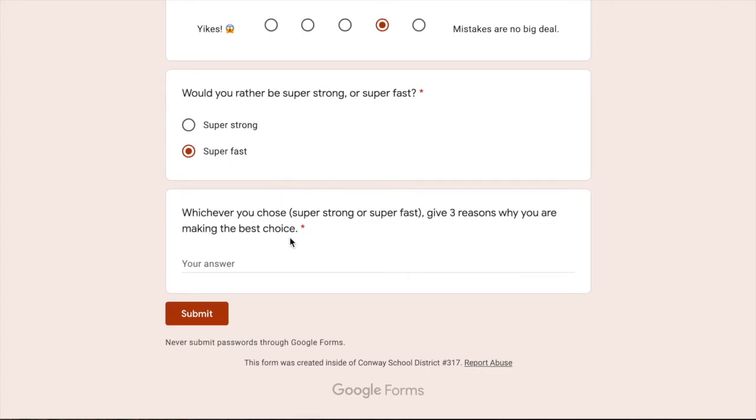And here is a long answer question. This is our last one. In this one, I want you to explain your answer to that previous question. Whichever you choose, super strong or super fast, give 3 reasons why you're making that choice. Now, this is a long answer question, and you know that because you see how this line goes all the way across?